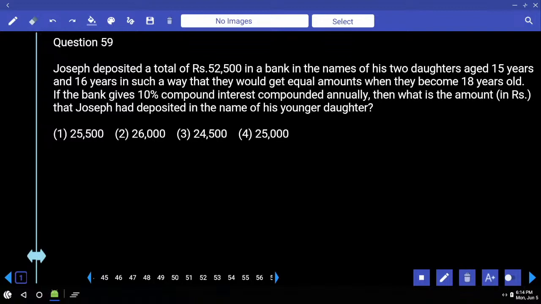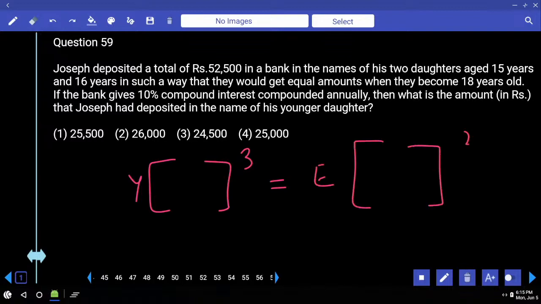If the bank gives 10% compound interest compounded annually, then what is the amount that Joseph had deposited in the name of the young daughter? Now the young daughter is 15 years, so she needs to be deposited for 3 years. The elder daughter for 2 years, at the same rate of interest. So younger daughter into 3 years equals elder daughter into 2 years. What is inside is 1 + R/100.